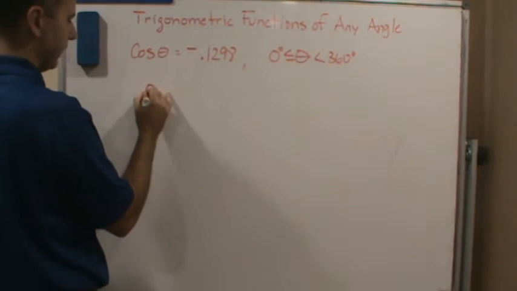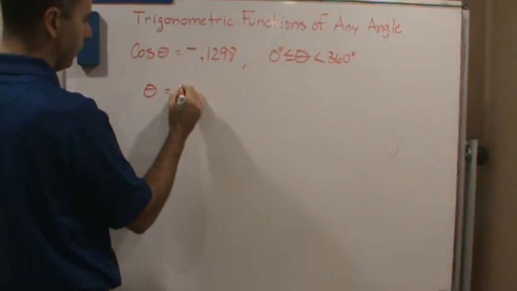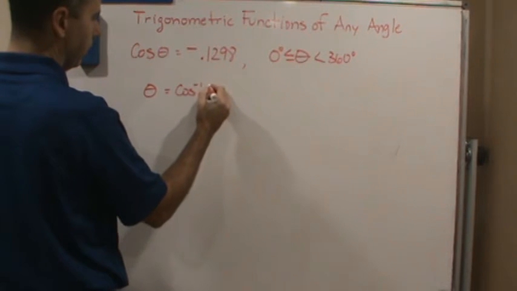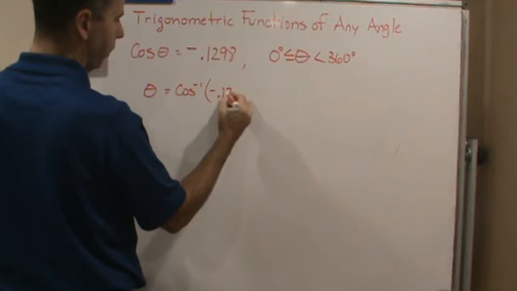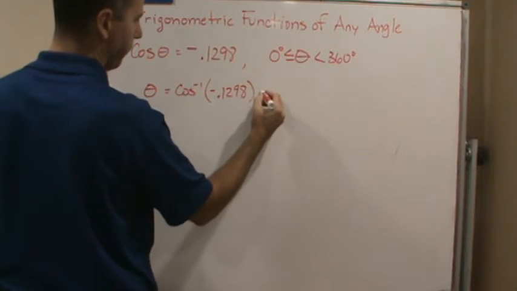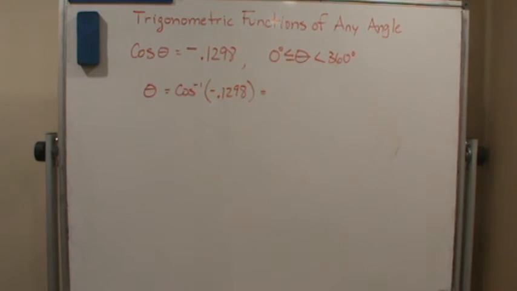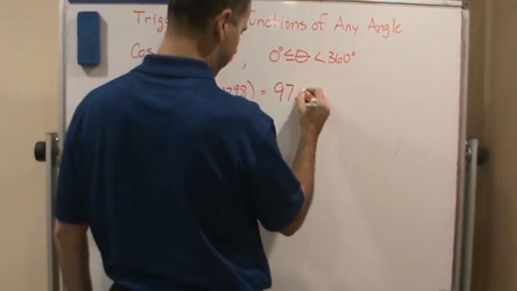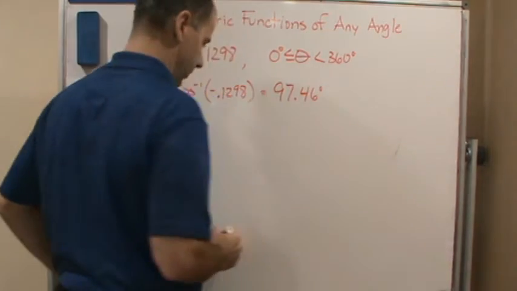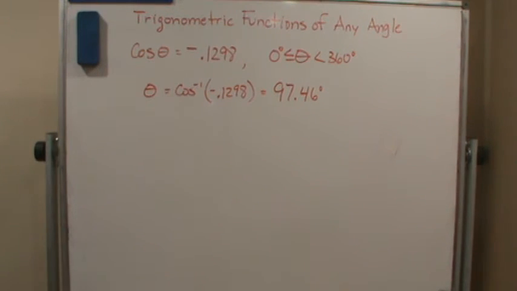If we take the inverse cosine of negative 0.1298, that's actually going to give us the second quadrant angle. It's not going to give us the reference angle. In this case, it's going to give us 97.46 degrees.